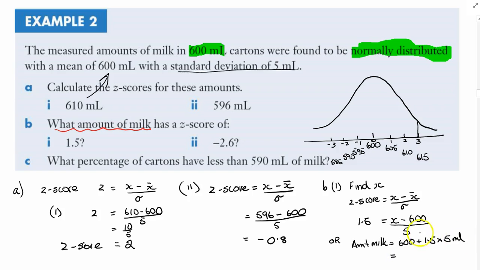So you can either find the amount of milk using your understanding of what the Z-score means, or you can use the equation, substitute your values in, and solve your equation. And you can see then when you do that calculation, you get 607.5. Does that sound reasonable? Well, we're here between 1 and 2 standard deviations at 1.5. So we're expecting a number between 605 and 610. And yes, that's what we got.